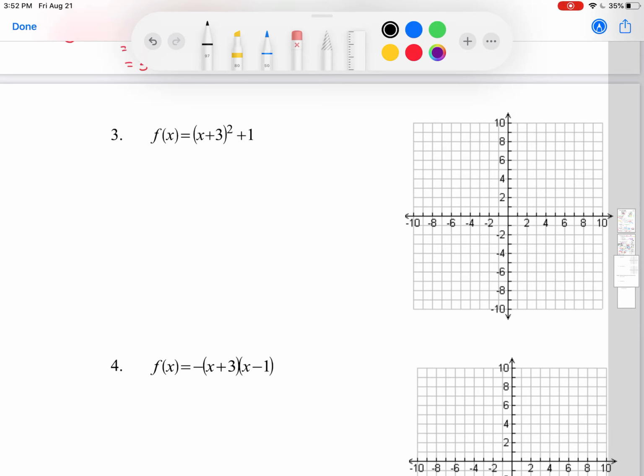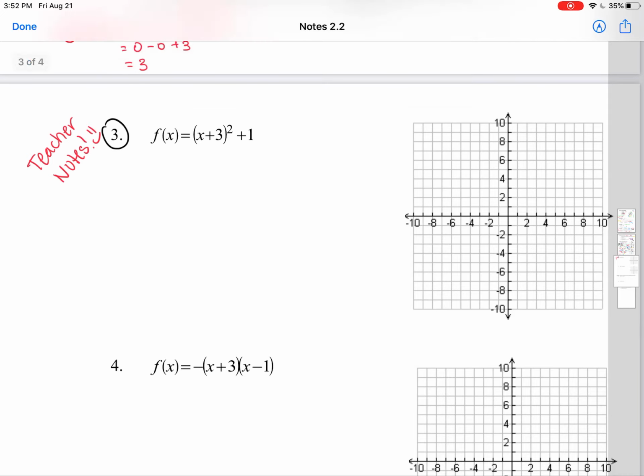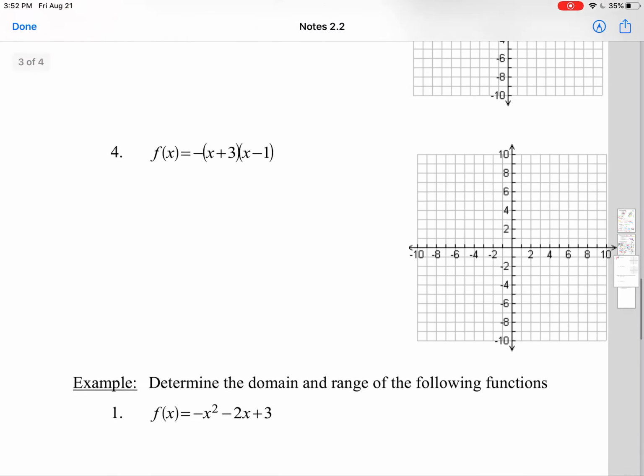If you want to look back at question 3, please go back, see what I have posted from my teacher notes, and you may compare your answer with what I have posted online on Teams. You'll notice it's in vertex form. We've already gone over a vertex form question, hence why we are going to skip down to question 4.